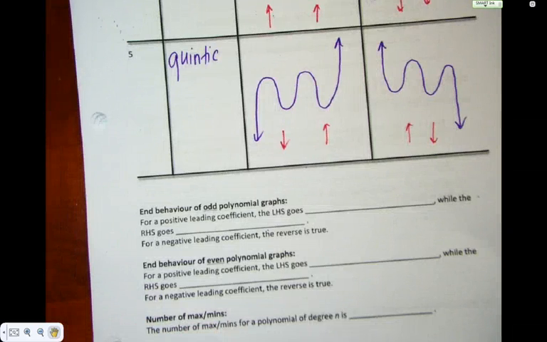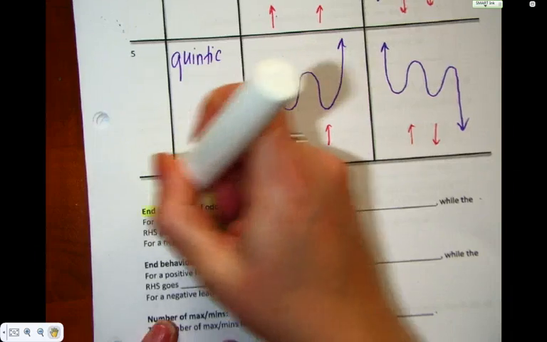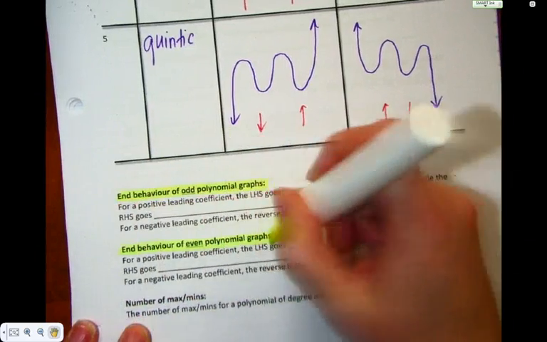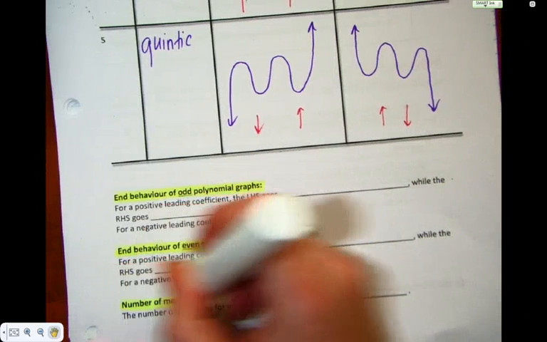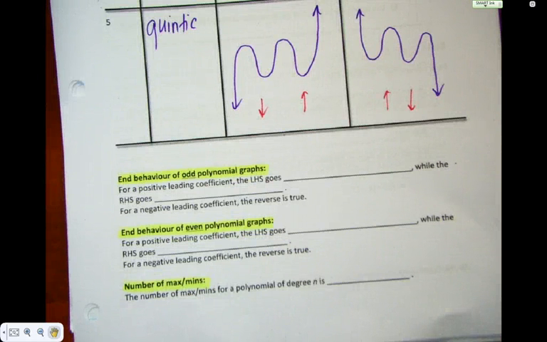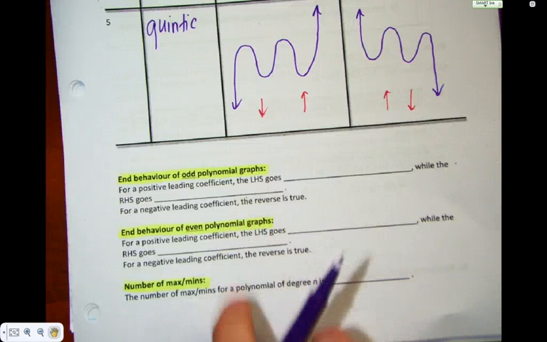Okay? So just a little bit of theory. The end behavior of an odd polynomial graph, and then we'll talk about the end behavior of an even polynomial graph, and then we'll talk about the number of max mins. So just summarizing what we just found into words for the wordy people. It's an odd degree polynomial graph, and it has a positive leading coefficient.